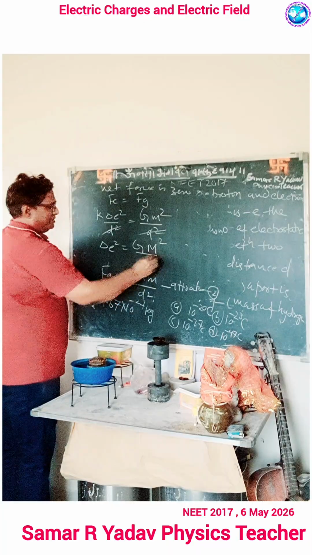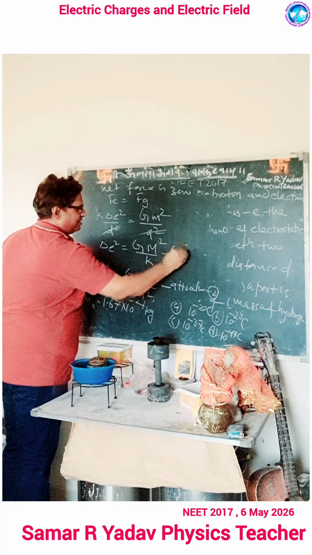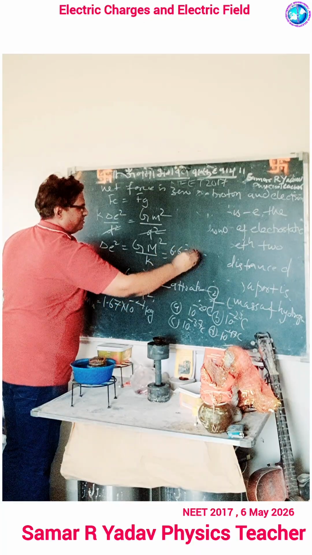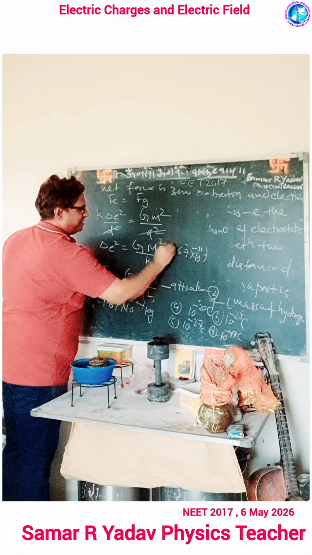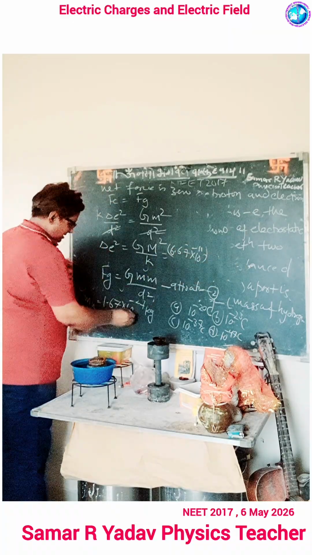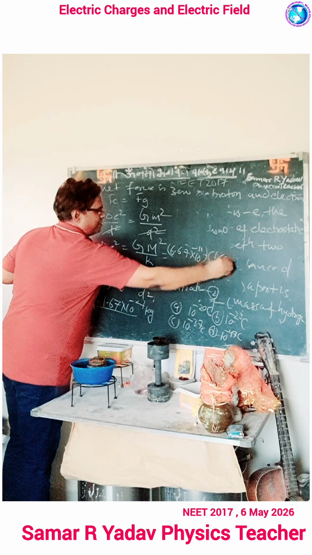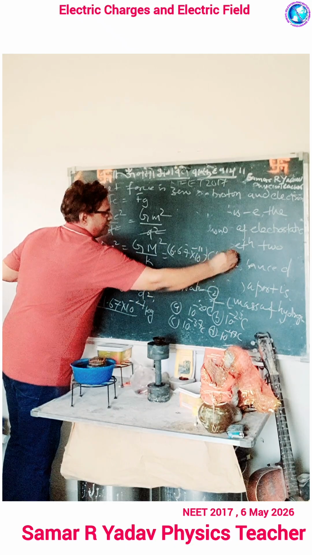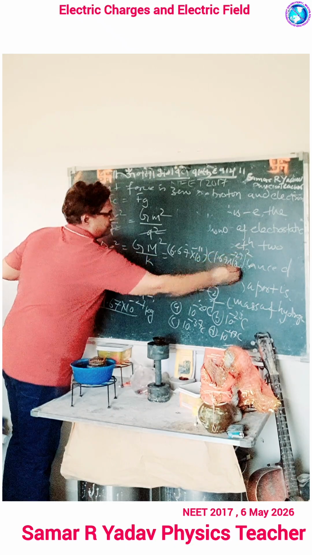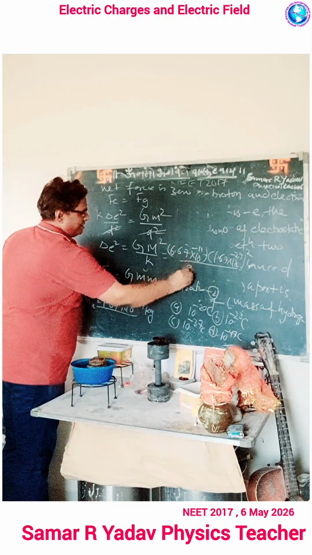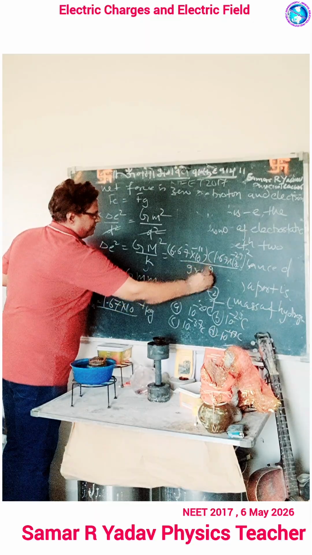Now keeping the value here, G means 6.67 into 10 raised to power minus 11, M already given, that is 1.67 into 10 raised to power minus 27 whole square upon K, 9 into 10 raised to power 9.